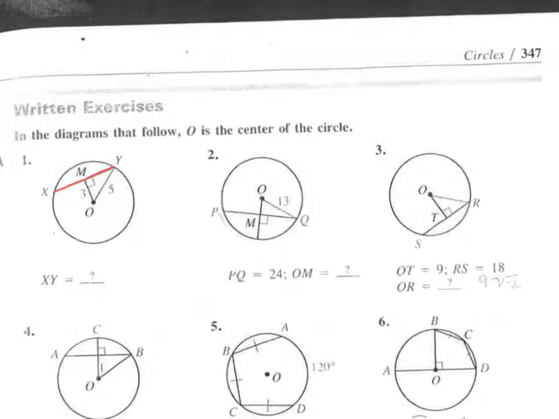Well, I know that this perpendicular OM is cutting XY in half. So if I find MY, I can easily double it, and that would give me the length of XY. Again, I know some of you already can see that I've got a 3, 4, 5 triangle.